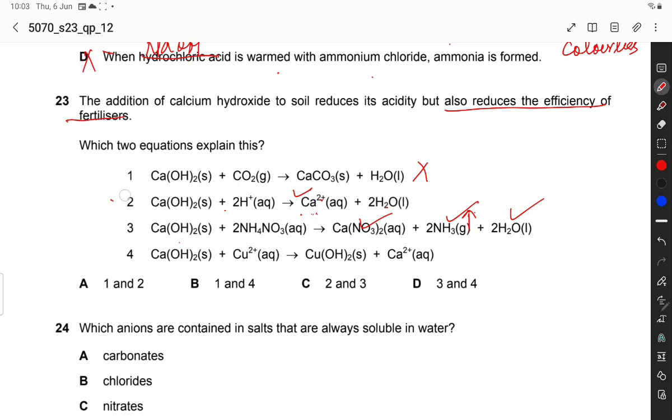So 2 and 3 are correct. The other equation, with calcium hydroxide and calcium ion forming solid calcium, is incorrect.